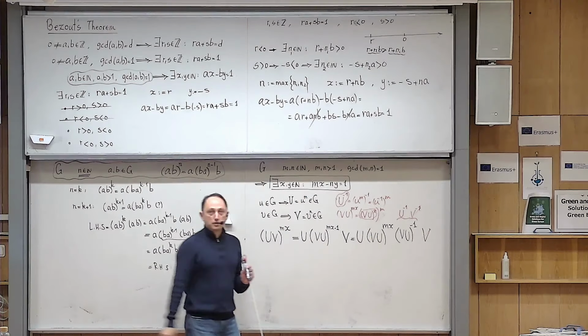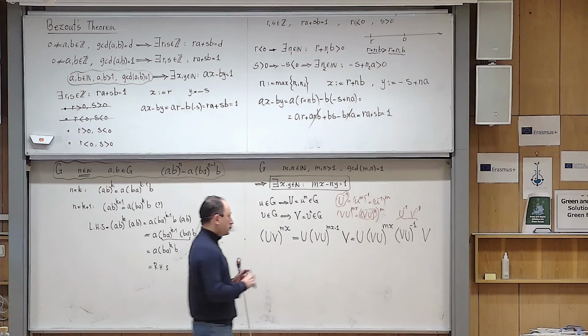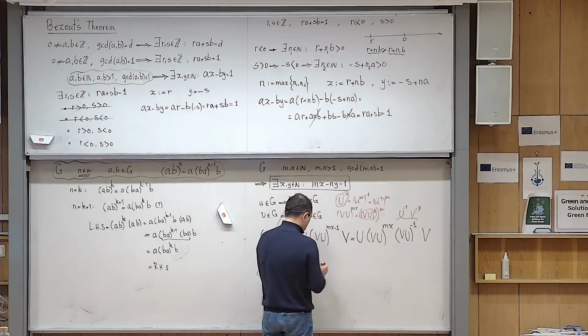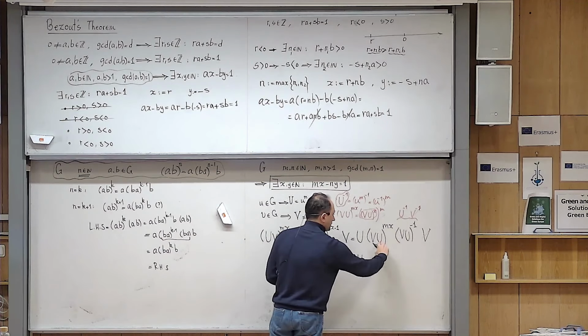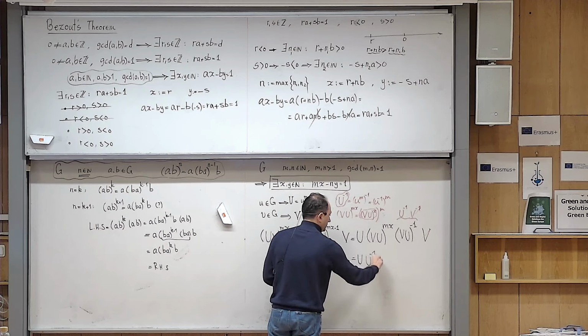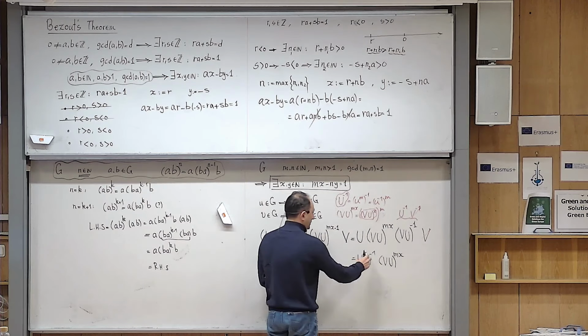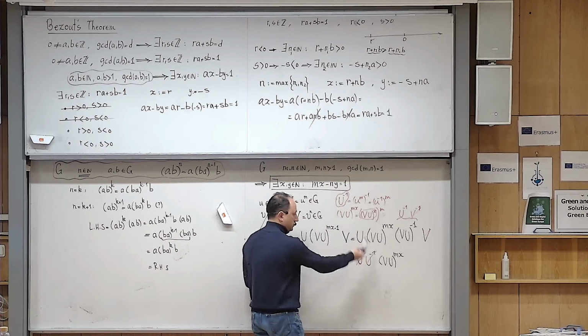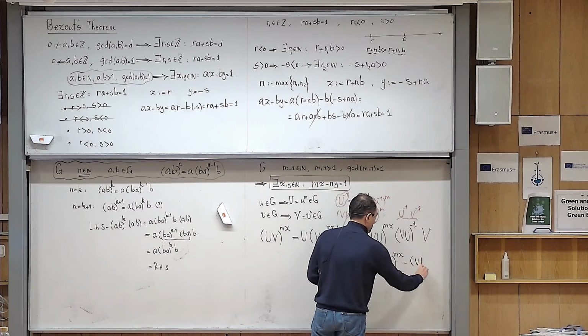According to the assumption in the problem, every two mth powers can commute. So I will do it like this. I keep this V, I commute this U inverse with that, U inverse will come here, and then this becomes (VU)^(mx). But then of course this one and that one also cancel. This is the identity element, and what you get is (VU)^(mx).